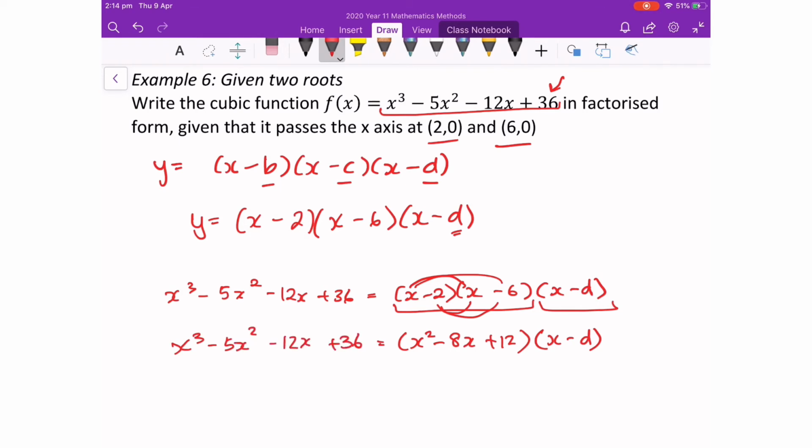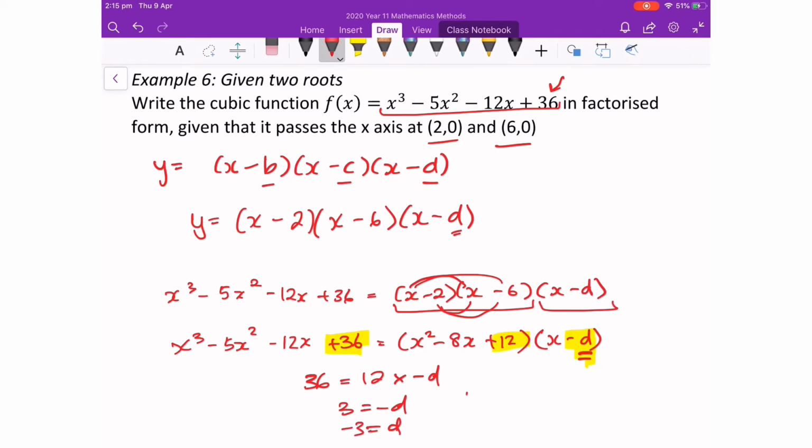Based on my previous video, I talked about how I can find out what this unknown value is, and that's where we're up to now. From my little cheat from before, I know that this number and this number have to equal this number here. So 36 is equal to 12 times negative d. If I divide by 12, 3 is equal to negative d, so d equals negative 3.